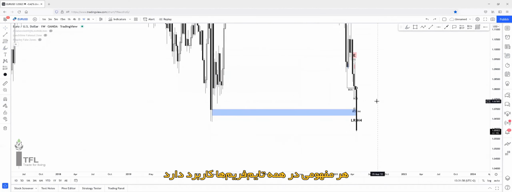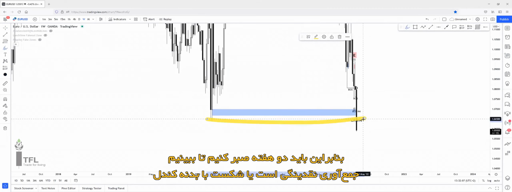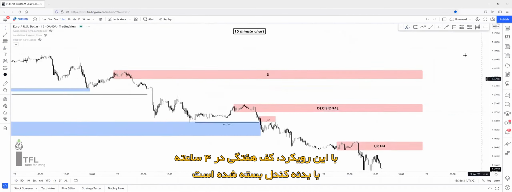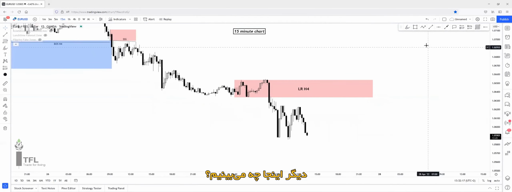Every single concept works on every single time frame. So we have to wait 2 more days to see if this was just a liquidity sweeping movement or a body closure breakout structure. But by this perspective, price broke below this weekly low point by a 4-hour body closure.